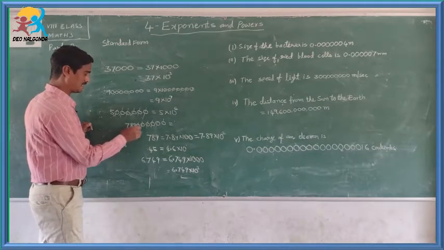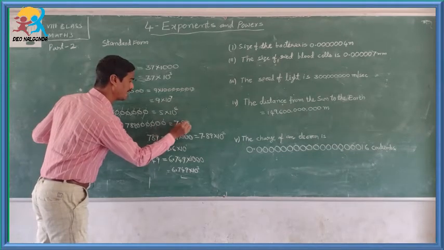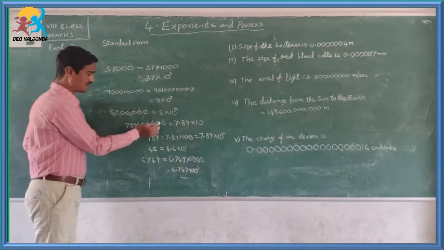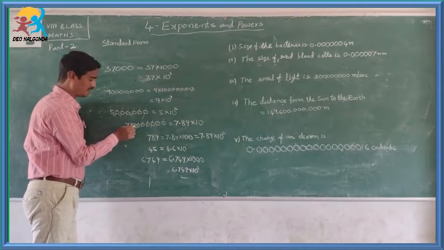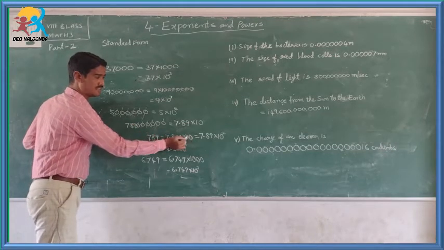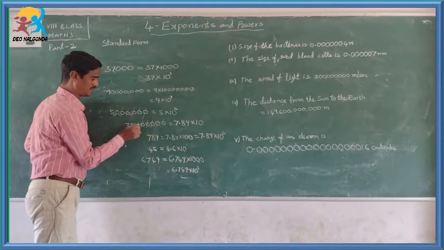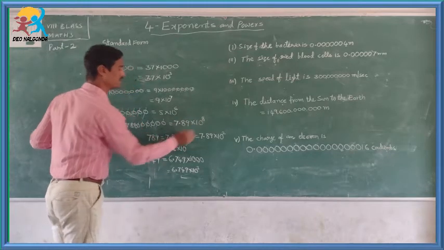789 million is 7.89 into 10 power. Already here zeros 1, 2, 3, 4, 5, 6. Then remaining 2 here. If you take the point here, 2 zeros extra. So in total we get 1, 2, 3, 4, 5, 6, 7, 8. So 10 to the power of 8.